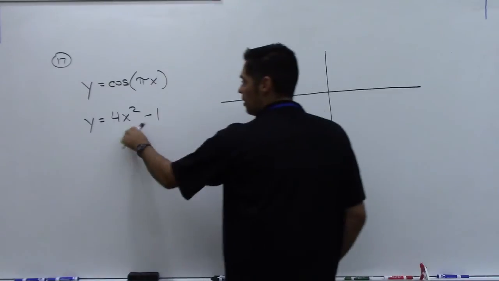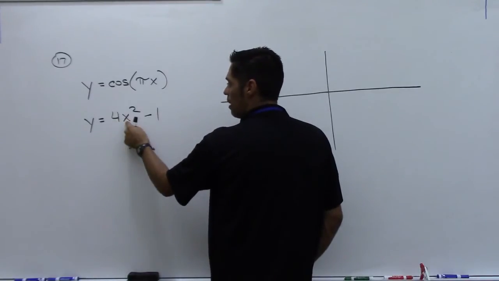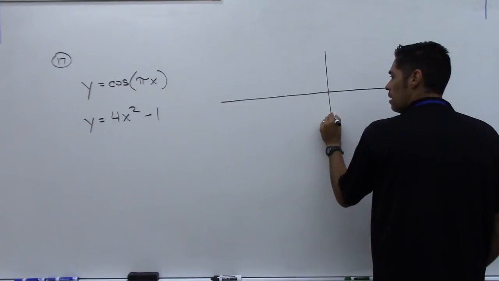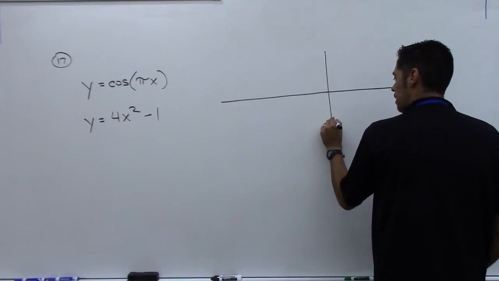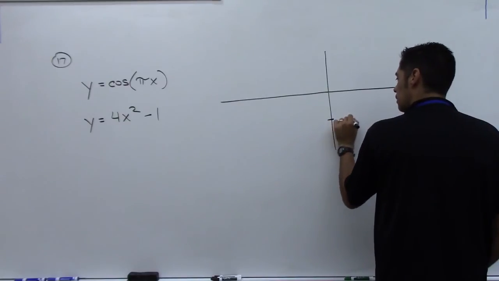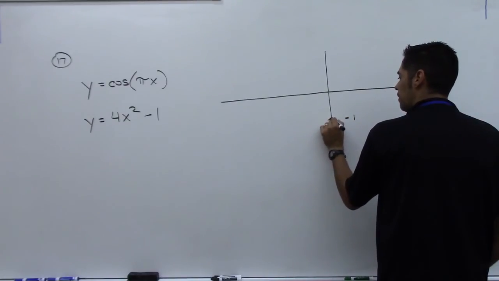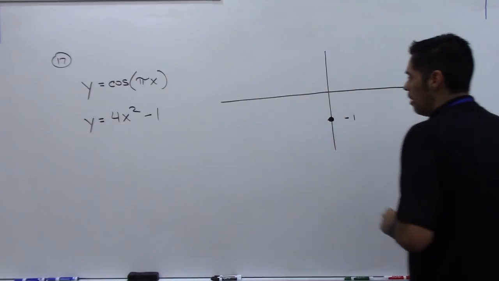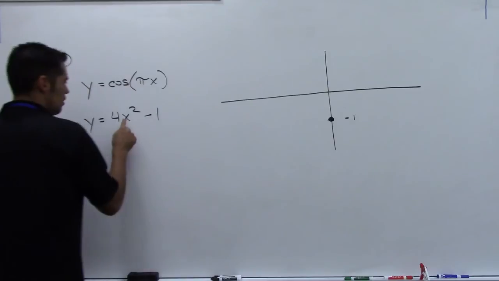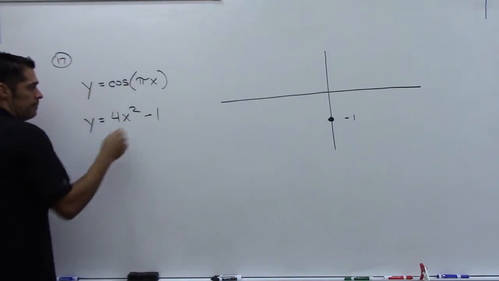All right, let me start with this because it's a quadratic. I know it opens up and it's been moved down 1. So let's see. Try and get a pretty decent graph of this. I know it starts here. When I plug in 0 for x, I got that for y.